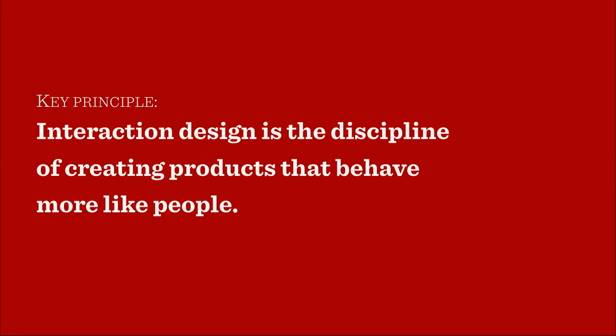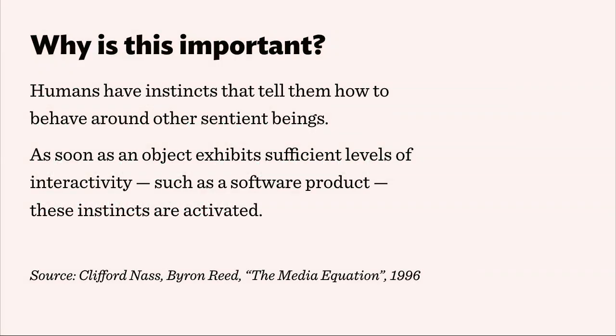Okay, why is this important? Some people at Stanford did some research in the 90s where they found out that humans have these instincts in our brains that tell us how to behave around other sentient beings.